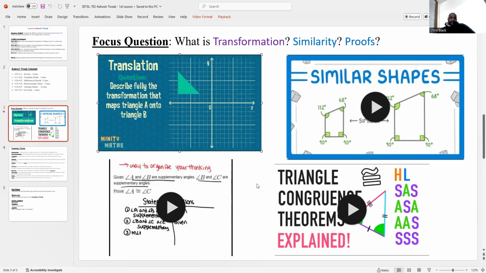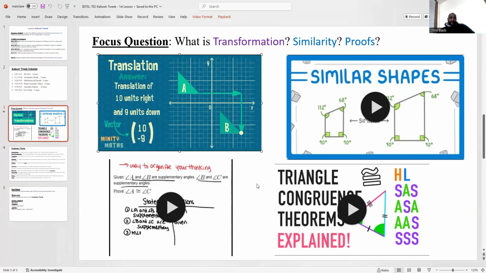We need to describe how shape A translated to shape B. The description must include 2 details: the change in position horizontally and the change vertically. Pick any vertex of the shape and use this to count how many units the shape has moved horizontally and vertically. We can also use vectors to describe translations.